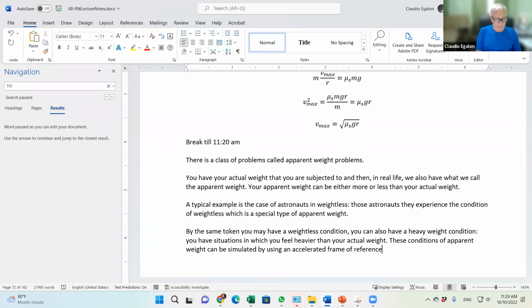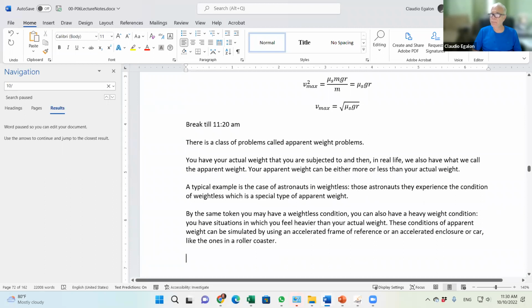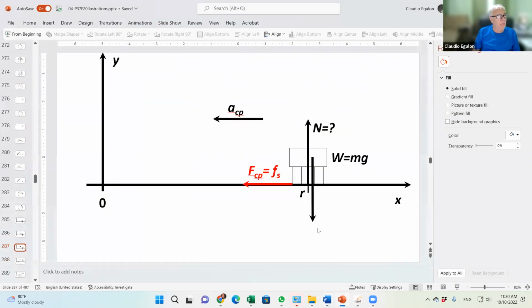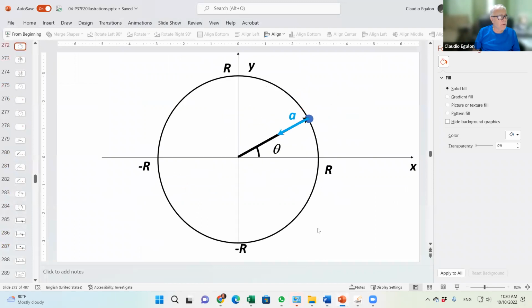By accelerated frame of reference, I mean an accelerated enclosure or car, like the one in a roller coaster. I'm going to give you some examples of that. Let me see if I have an illustration here first, so I can share that with you.